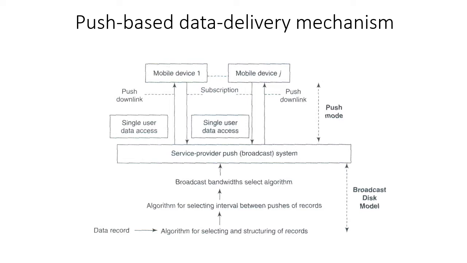Now it is the responsibility of the service provider, or the push system, to disseminate to your mobile devices. You can see in the diagram how a data record is pushed to the service provider and to the mobile device. There is an uplink and a downlink.